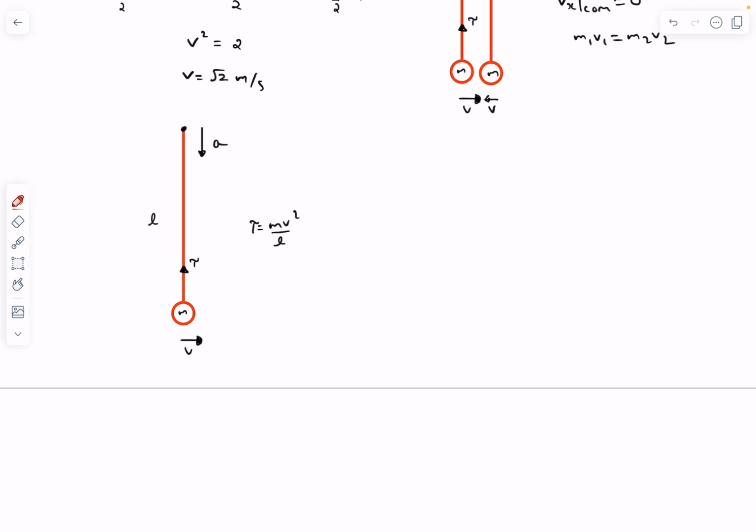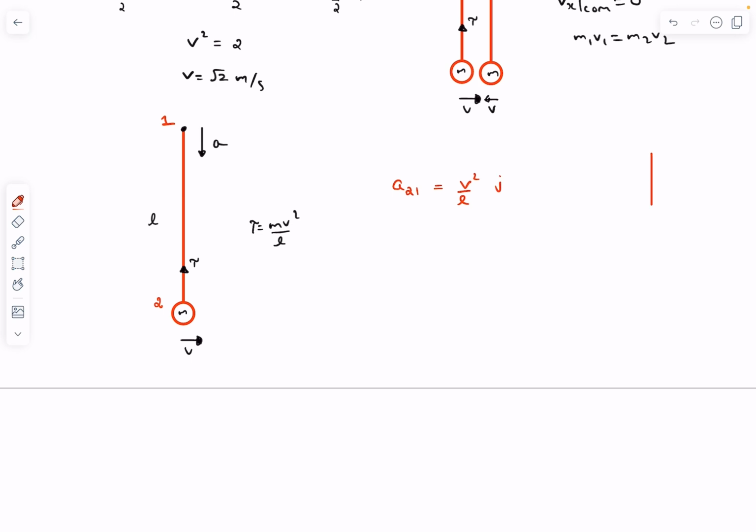Let's call this point number 1, and the point where the smaller mass is, point number 2. So the acceleration of point 2 relative to point 1 we can write as v squared by L in the j cap direction.